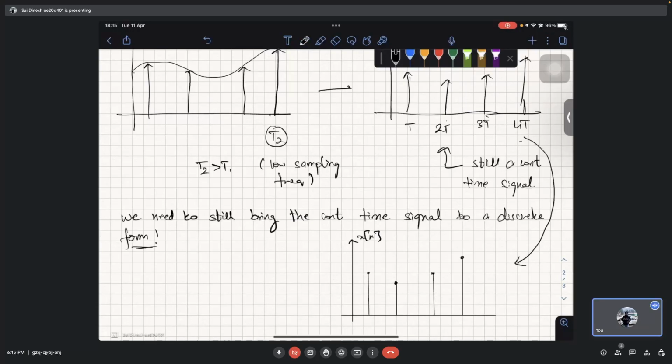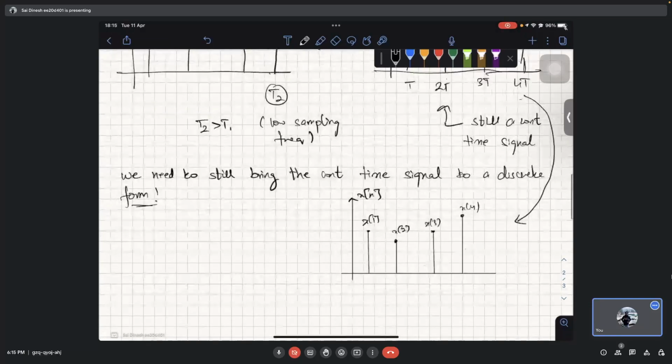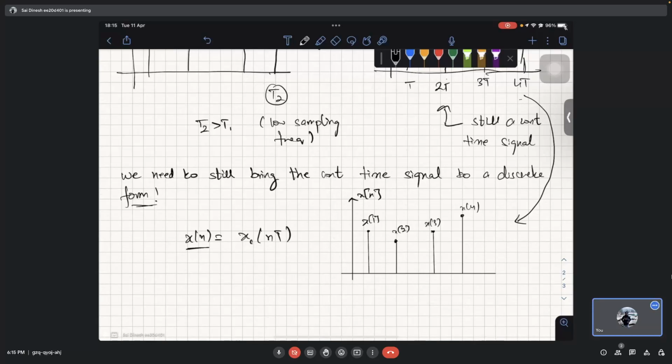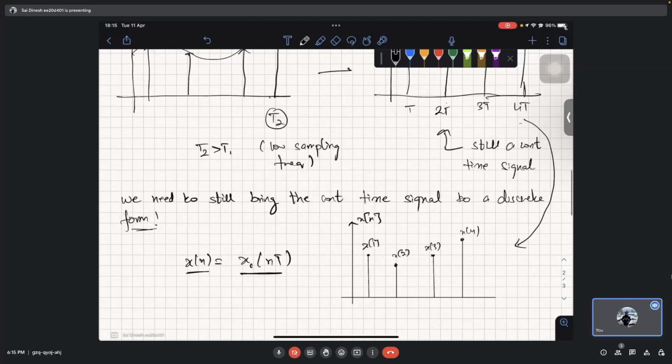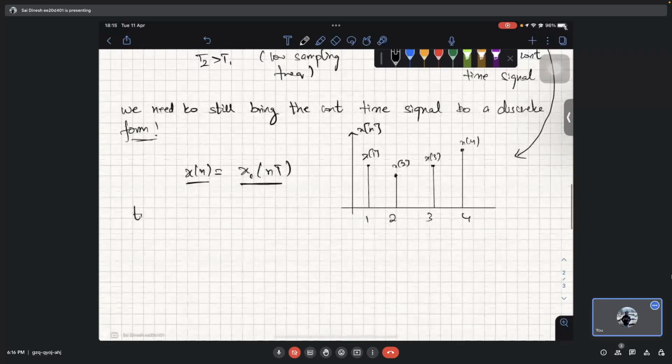These are the values: x of 1, x of 2, x of 3, x of 4, where each x of n, the value of the discrete time signal, is equal to the value at the sampled point of the continuous time signal. Here the axis is T, 2T, 3T and 4T. Now here we bring it to 1, 2, 3, 4, right? So we are time normalizing.